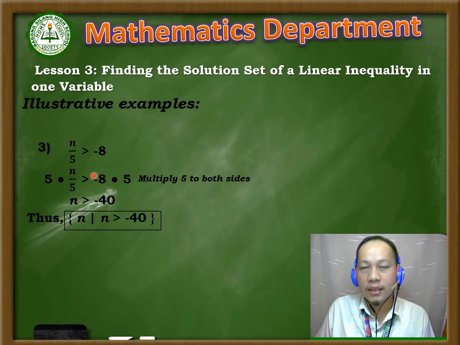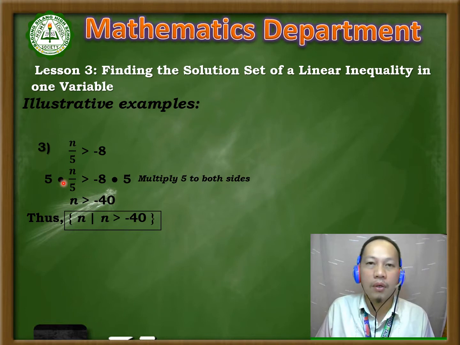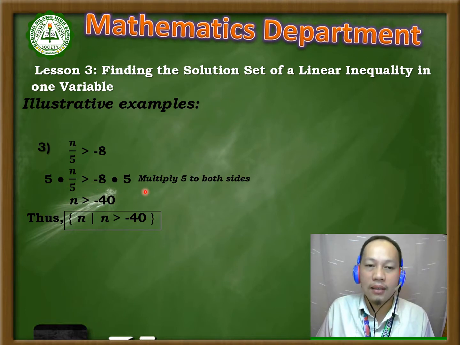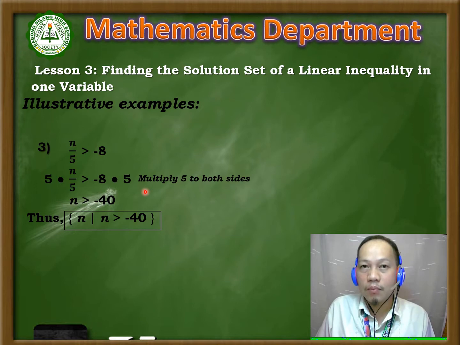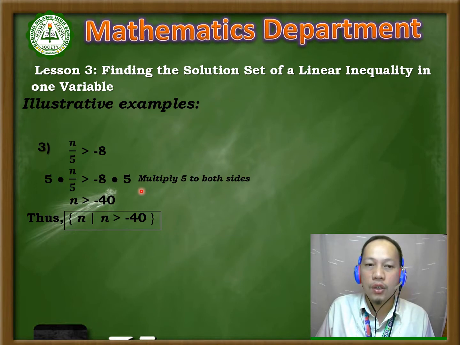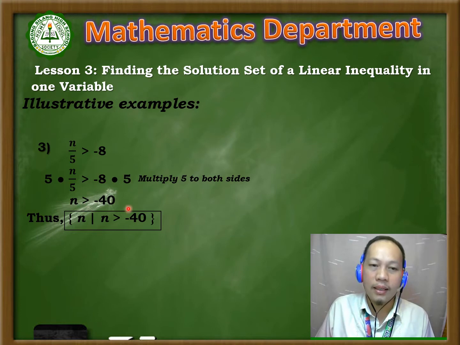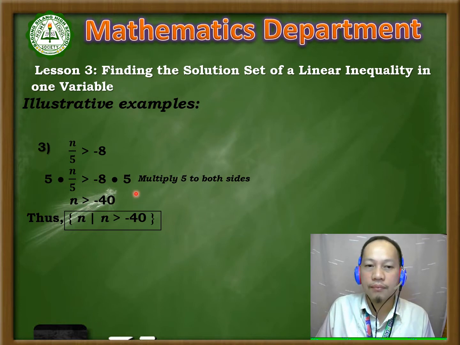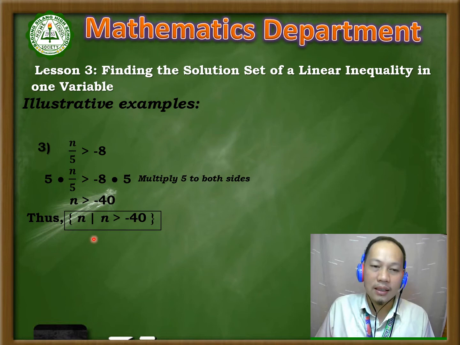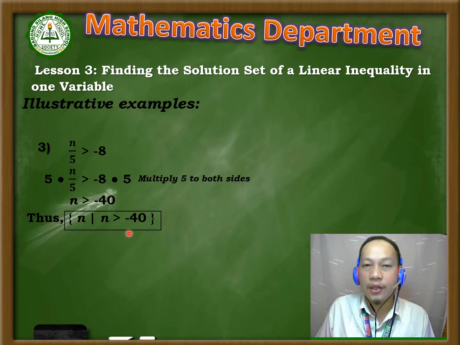So what remains on the left side of this inequality will be the variable n. And on the right side, applying multiplication of integers with regards to sign, the result will be negative 40. And thus, n such that n is greater than negative 40.